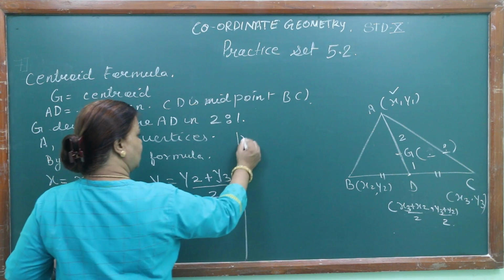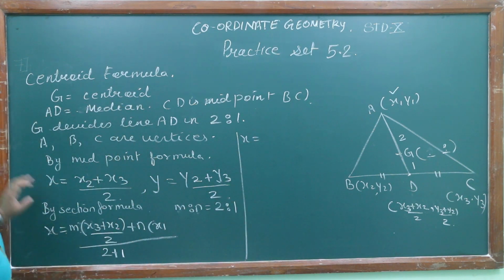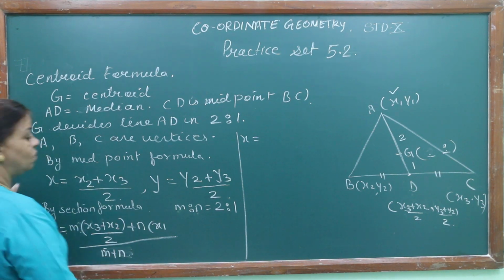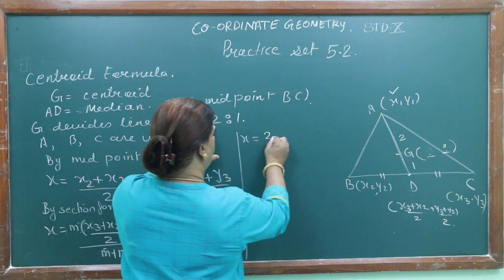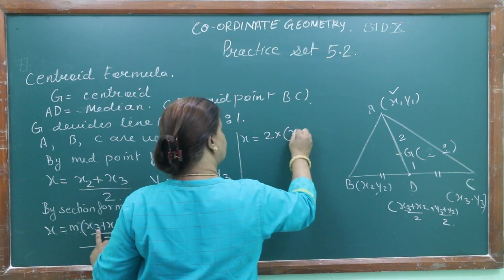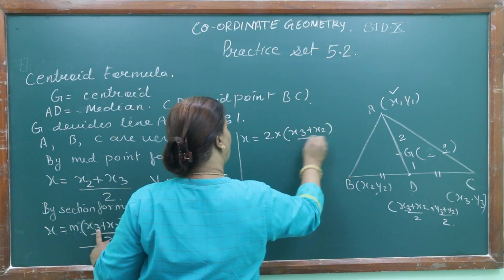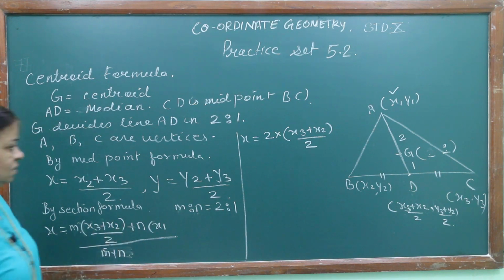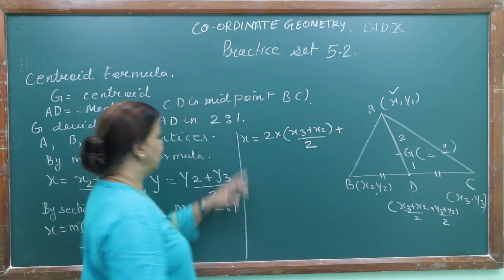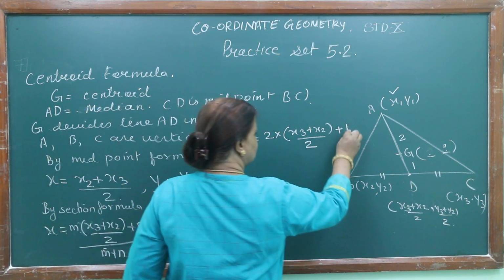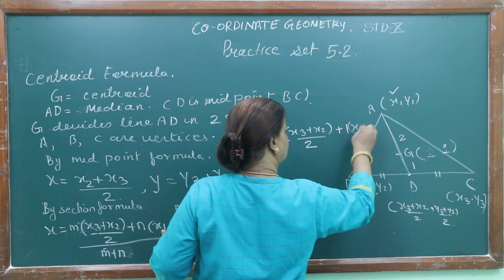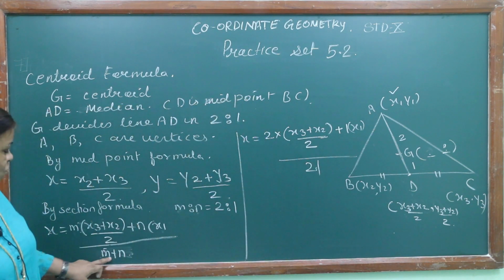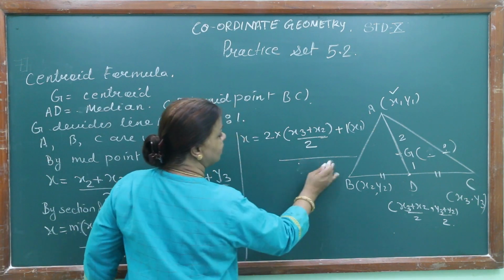So I am getting x equal to, m is 2, so 2 into x3 plus x2 upon 2, plus n is 1, 1 into x1, the whole upon 2 plus 1, that is going to be 3.